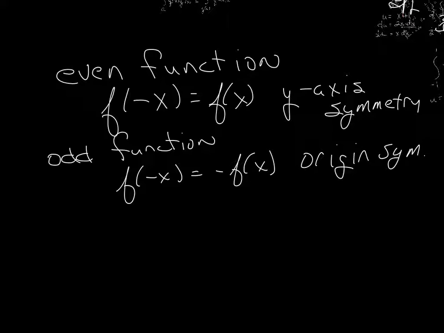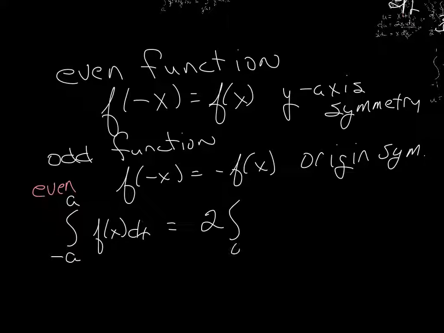And so there is a theorem that tells us that if we go from negative a to positive a of an even function, we'll do the even function first. If we go from negative a to positive a of an even function of f of x, you get the same answer as if you did double from 0 to a of f of x dx.